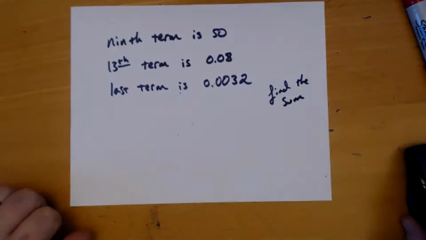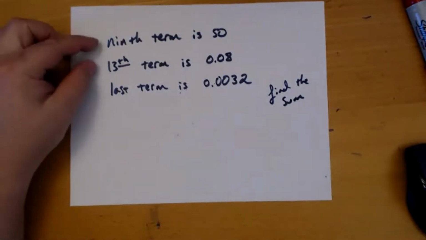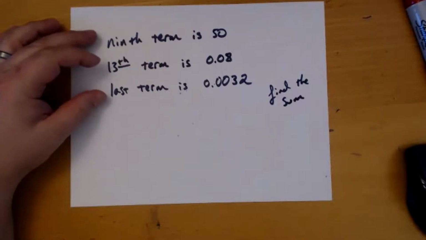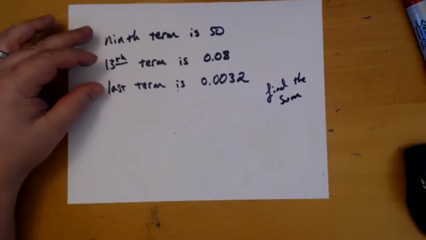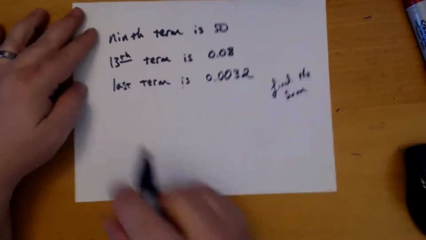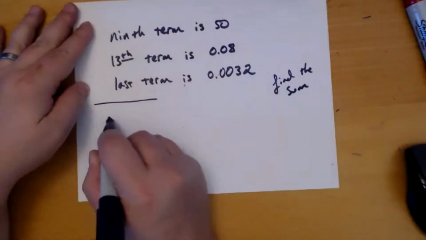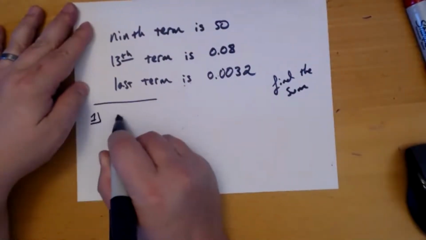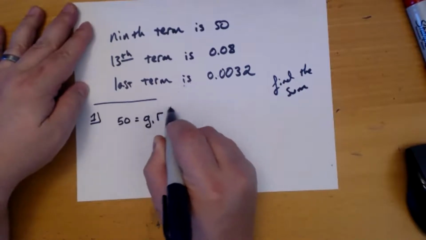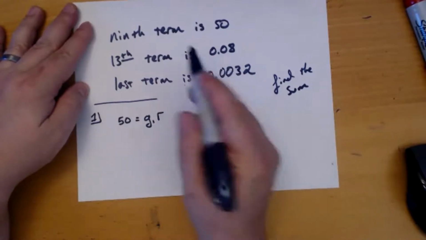Okay. So whenever they give you stuff that doesn't really apparently look like it helps you, do yourself a favor, take these 3 pieces of information and turn them into equations. So let's look at this one. 50 is G1 R to the 9th, right?